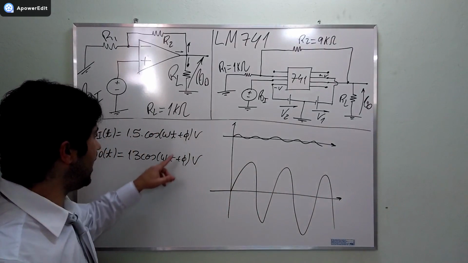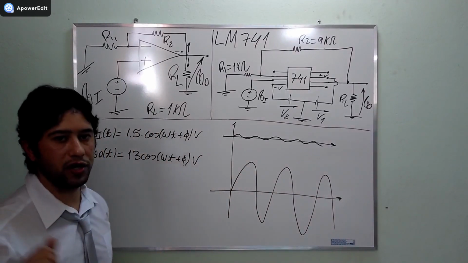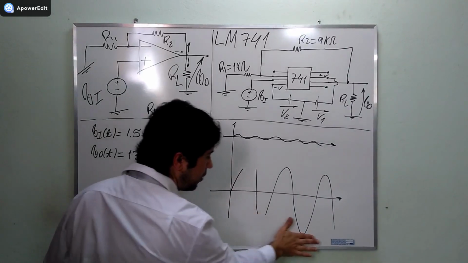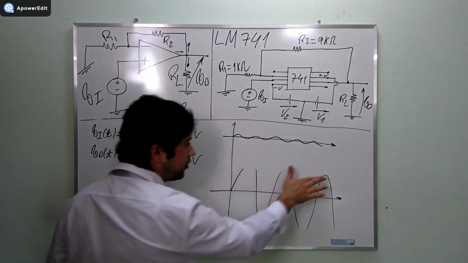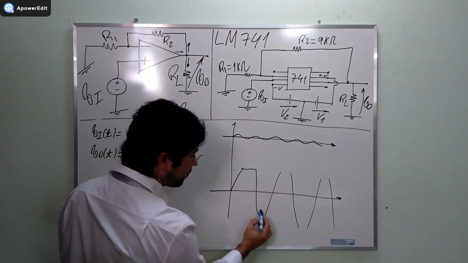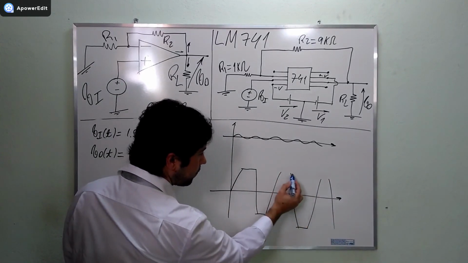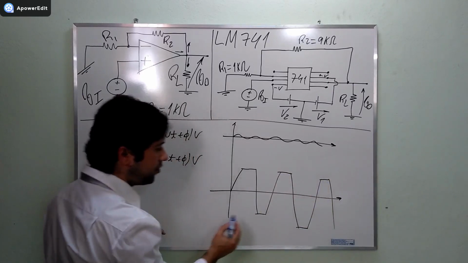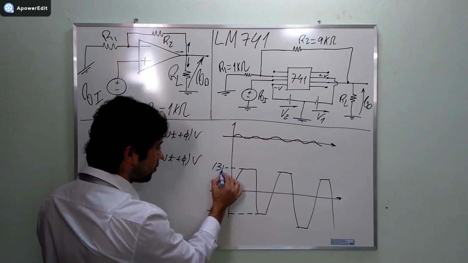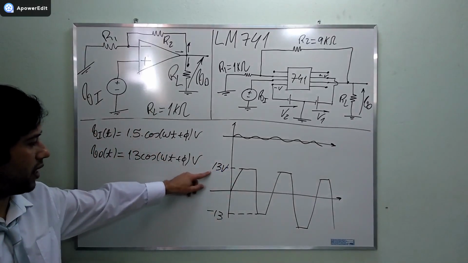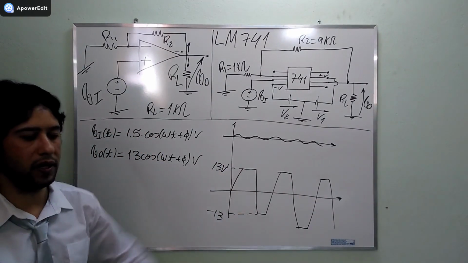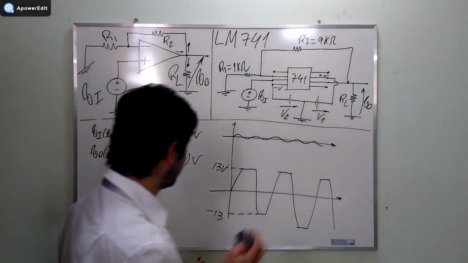However, as we are exceeding the saturation values of the device, clipping will happen. What is clipping? Clipping is this here. Because the device is going to saturate at positive 13 volts and negative 13 volts. There will be clipping of the output voltage.